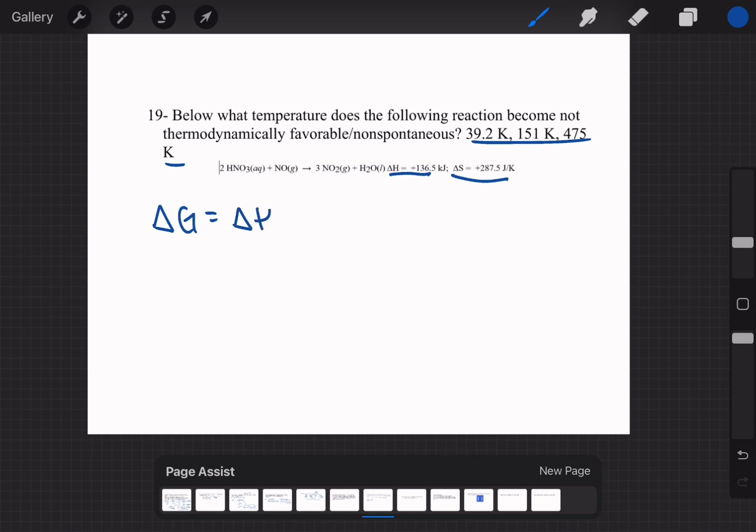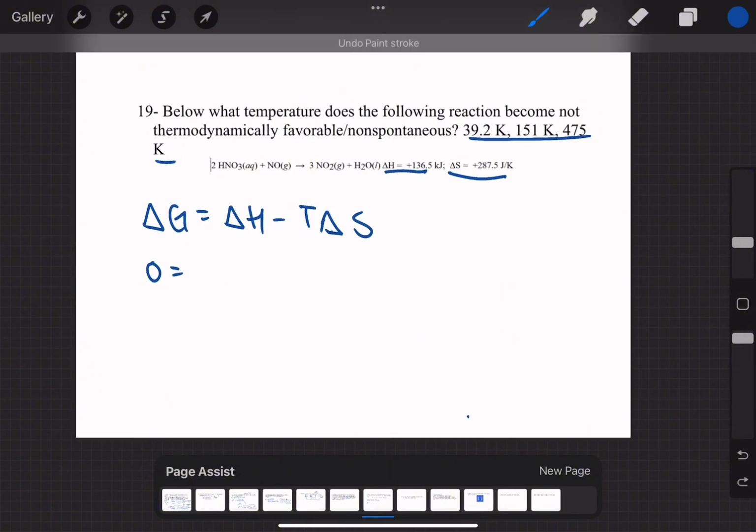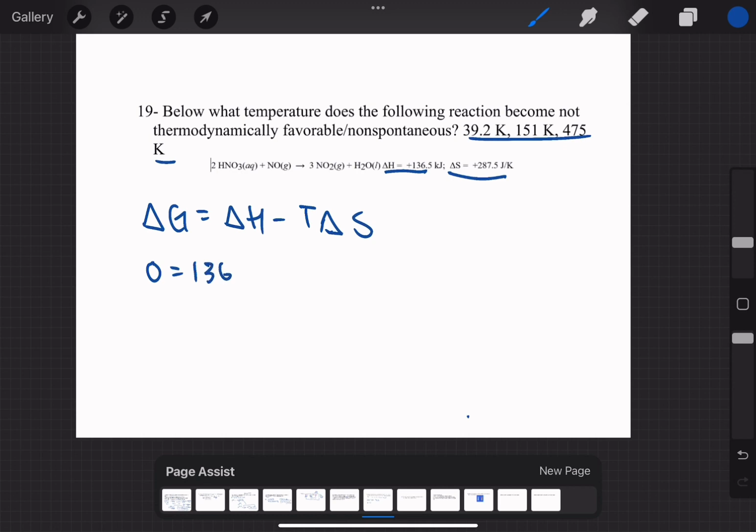You're doing change in G equals change in H minus temperature times change in S. From there, you're going to make sure everything equals 0. You're going to do 136.5 minus temperature times 0.2875.